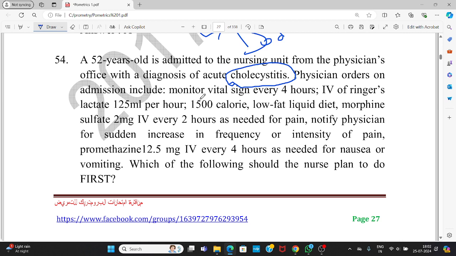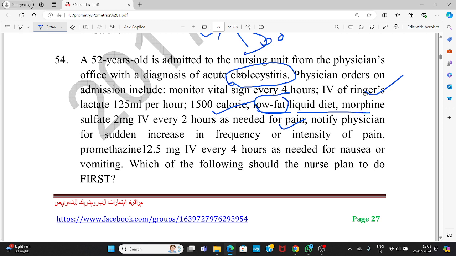IV Ringer lactate. RL has to go IV at 125 ml per hour. Low calorie, low fat liquid diet. Fat has to be low, liquid diet. Morphine sulfate 2 mg IV every second hour as needed for pain.